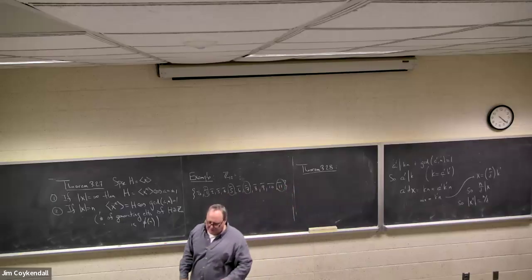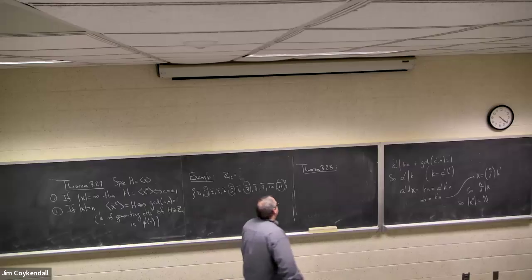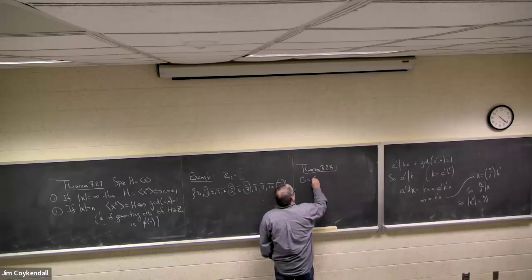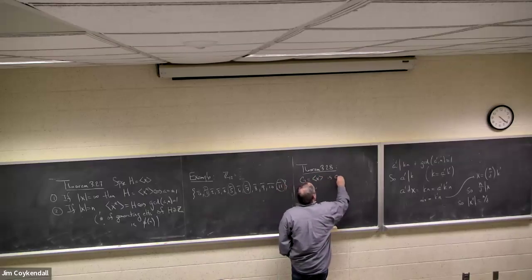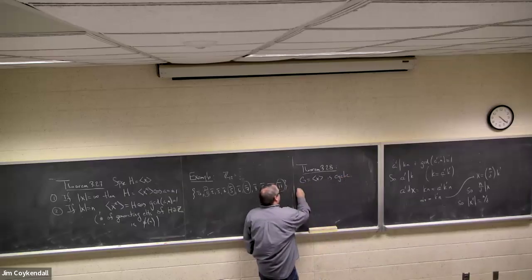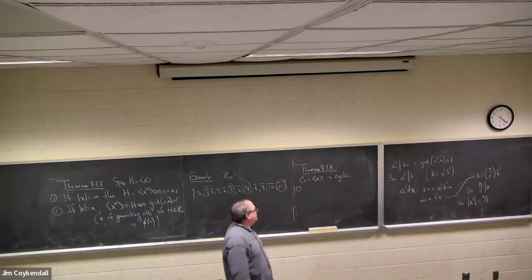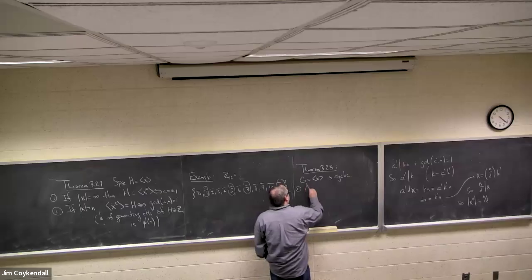This is a very simple theorem about cyclic groups. Suppose that I have a cyclic group. This actually has a lot of applications, as a matter of fact. Number one, any subgroup is cyclic.